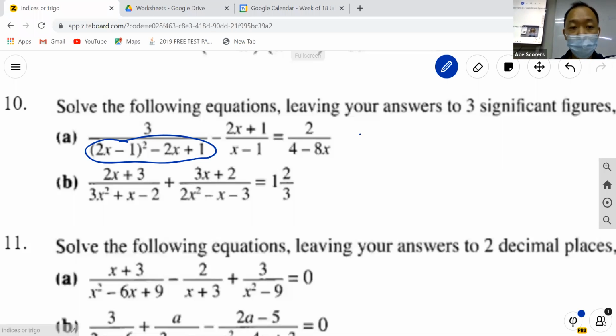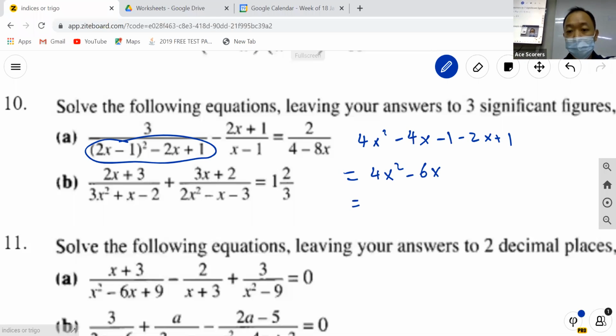We get 4x squared times x plus 1, 4x squared minus 6x, equals, can take out 4x. 4 minus 8x, 4x times x minus 6.